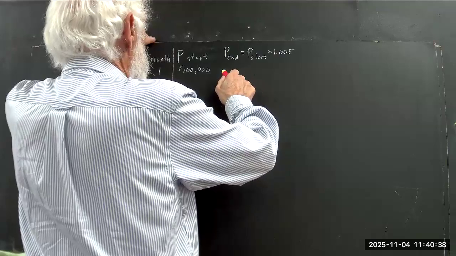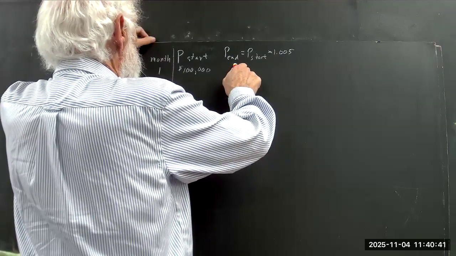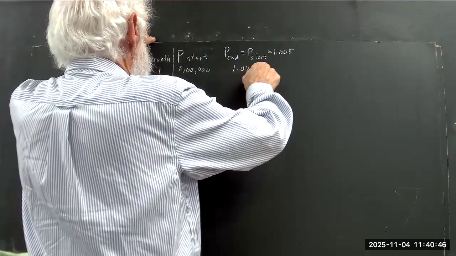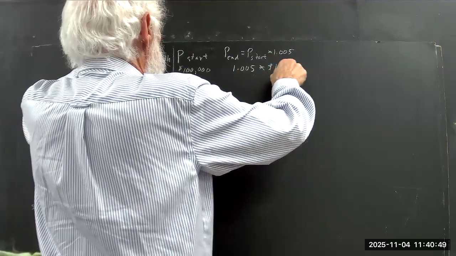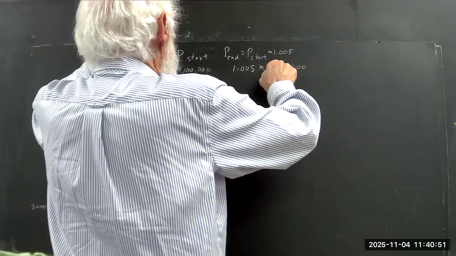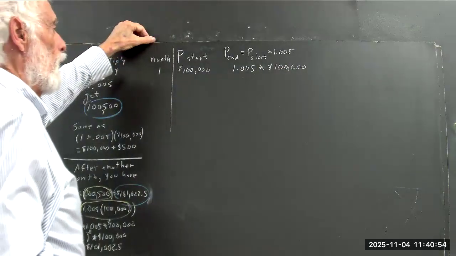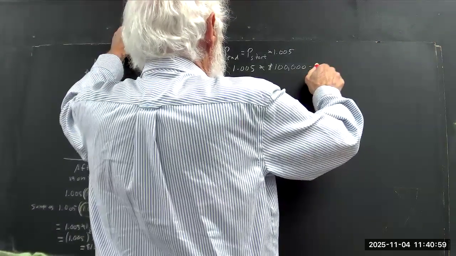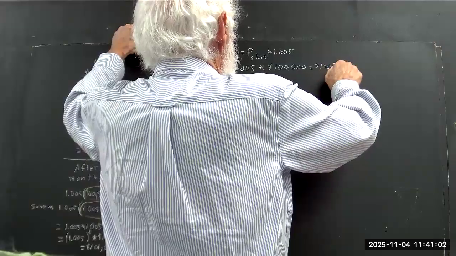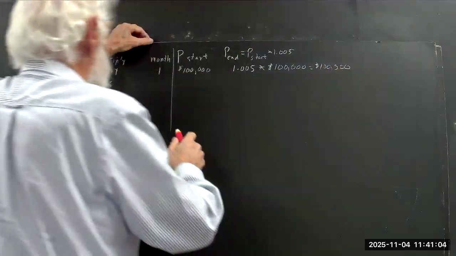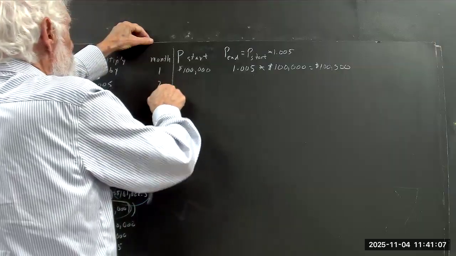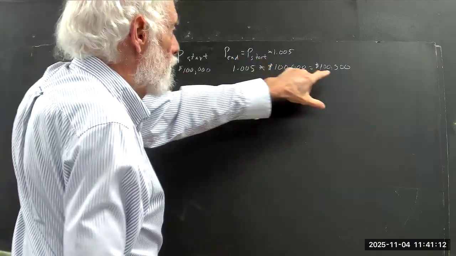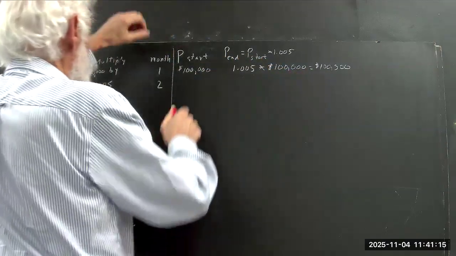So you get 1.005 times $100,000, which equals $100,500. So for month 2, you apply this to the principal at the end of month one.